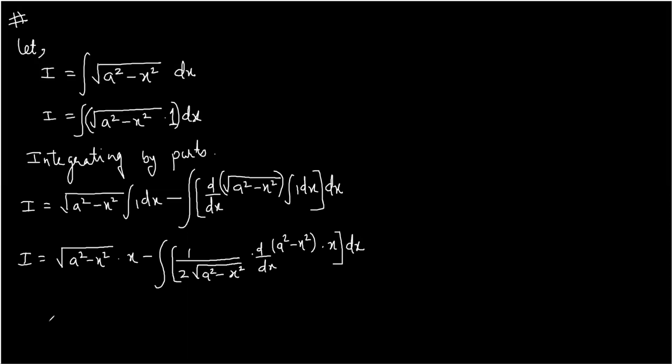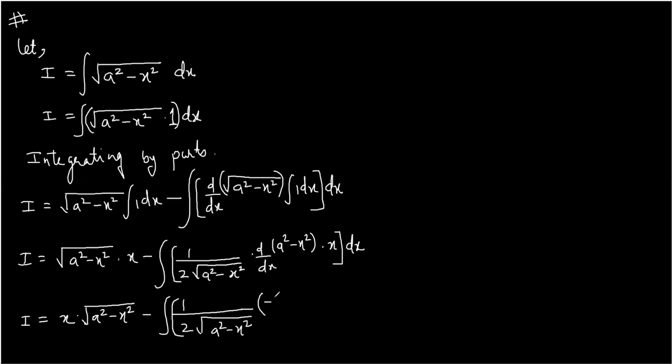So next step I get I equals x. I write x first, this way it looks better. So x multiplied to square root of a square minus x square, minus 1 upon 2 square root of a square minus x square, and the derivative of a square minus x square is, the derivative of a square is 0, 0 minus 2x, the derivative of x square is 2x.